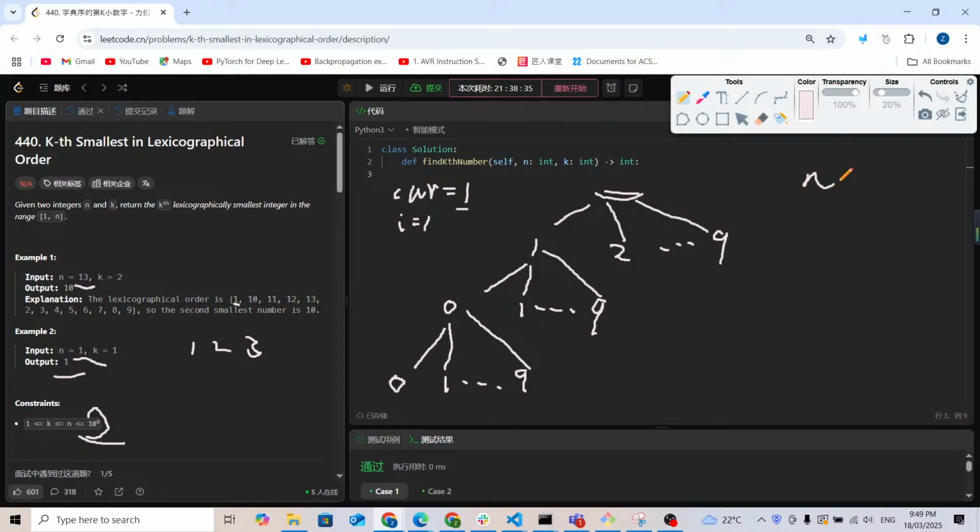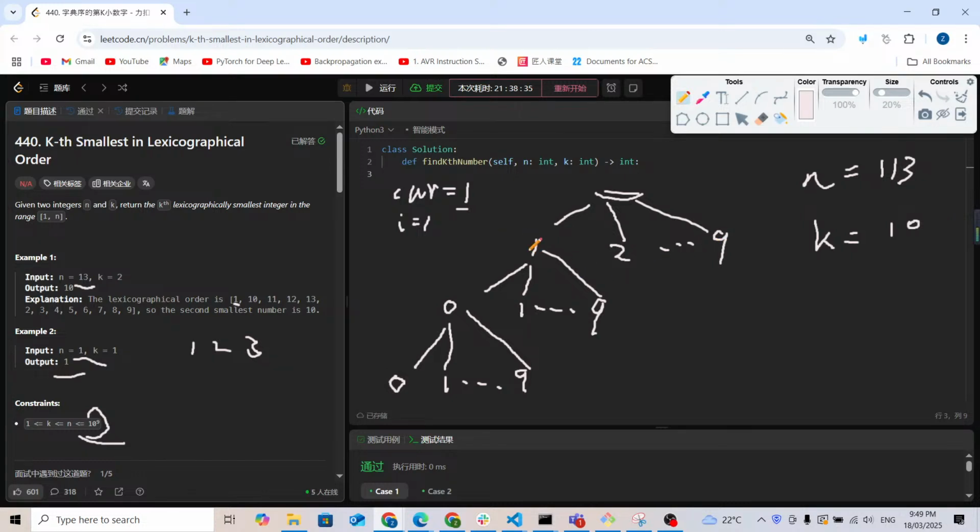For example, n is going to equal maybe 113, and k maybe equals 10 or something else. This is just an example.